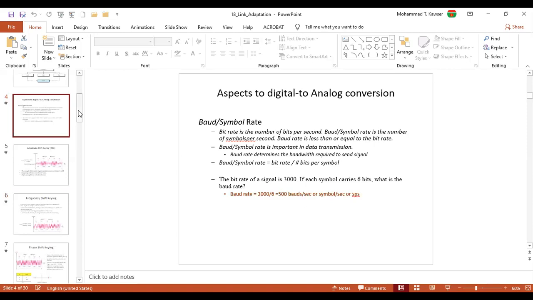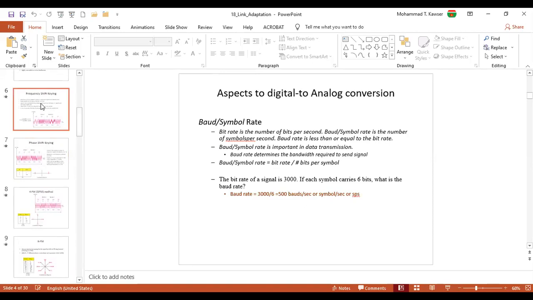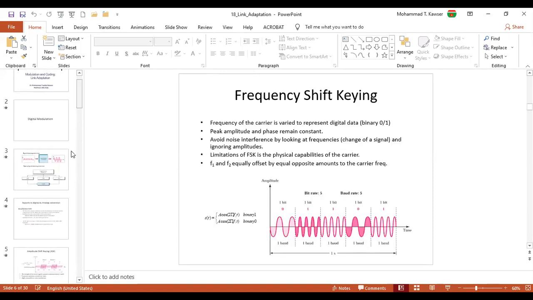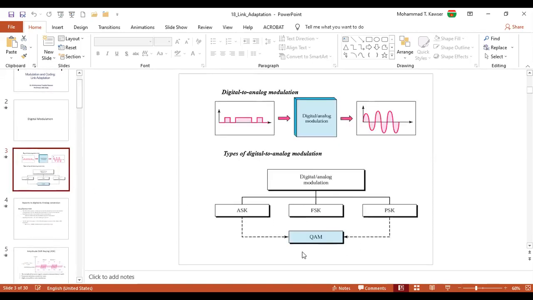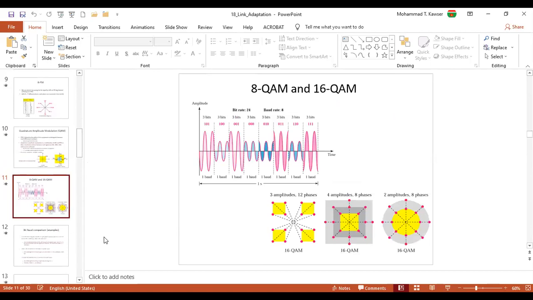So ASK, FSK, PSK are the basic classes, and a combination of ASK and PSK is QAM, where you can have both the variation of amplitude and phase in the constellation. These things are called constellation diagrams.